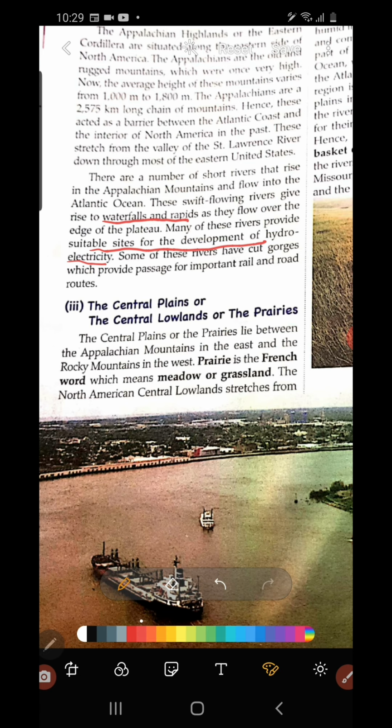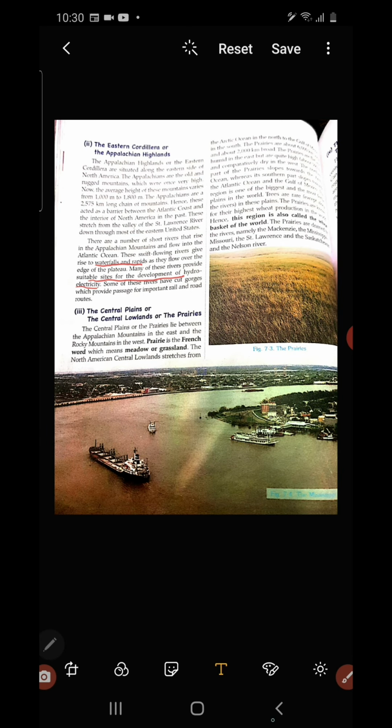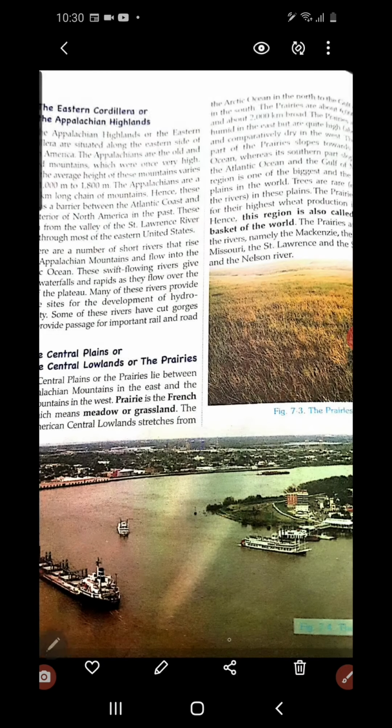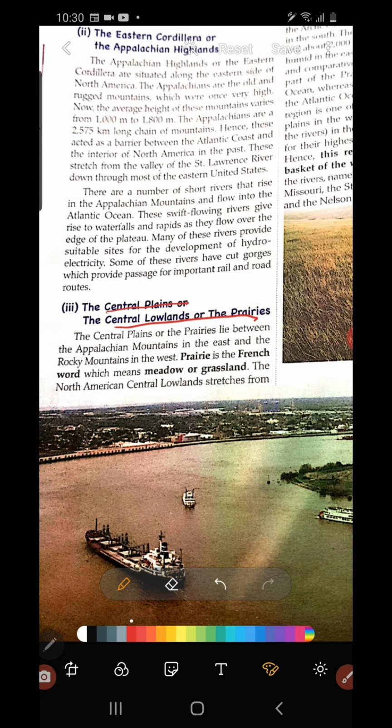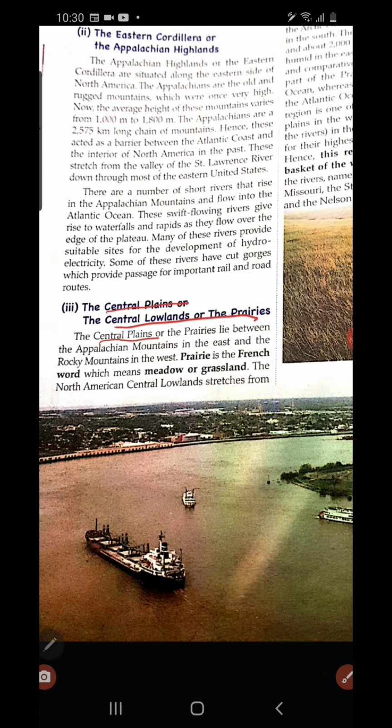Then next we have to discuss the Great Plains or Central Lowlands or Prairies. Prairies are known as Central Plains or Central Lowlands. I showed you the location very clearly on the map. These Central Plains and Prairies are lying between the Appalachian Mountains in the east and the Rocky Mountains in the west.